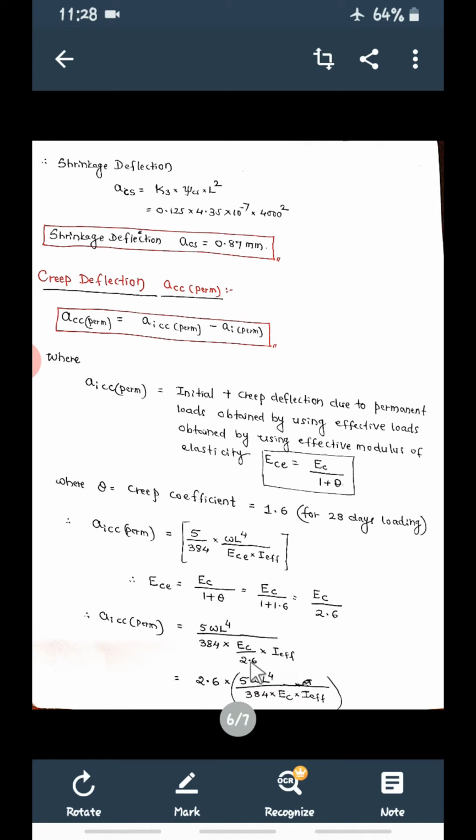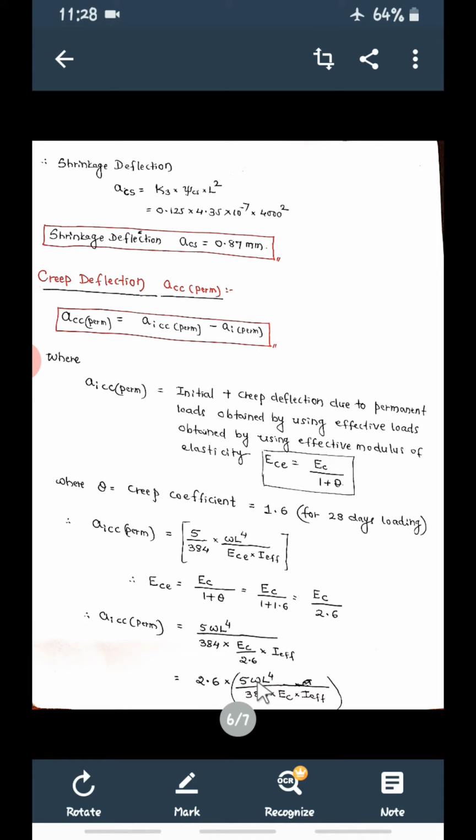So this 2.6 goes top. If you remove this 2.6, what remaining? 5 WL raised to 4 divided by 384 EC into I effective.